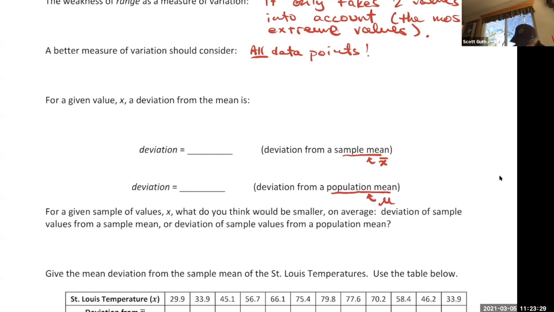That's the Greek M. It's not U, it's mu. So if x is the value, then x minus x bar is the distance from x to the mean, but that can be negative. Sometimes you have negative deviations or positive. For values below the mean, the deviation is negative. x minus mu would be the deviation from a population mean.